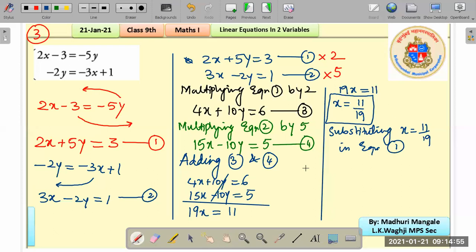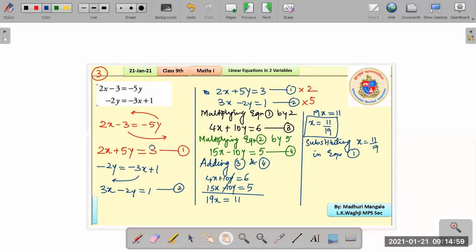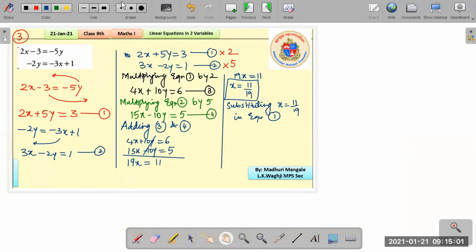So when we are substituting it in equation 1, what happens? Equation 1 is 2x plus 5y equals to 3. We are replacing the x with 11 over 19 plus 5y equals to 3.